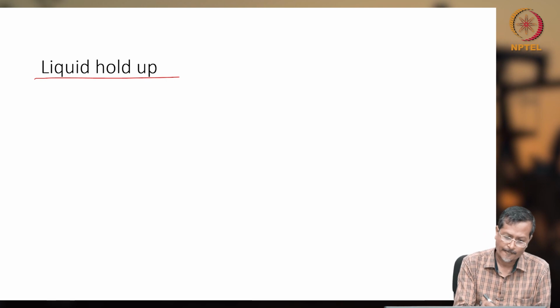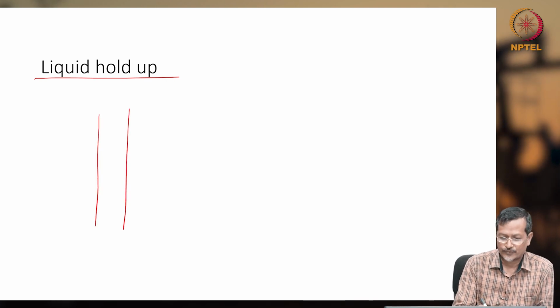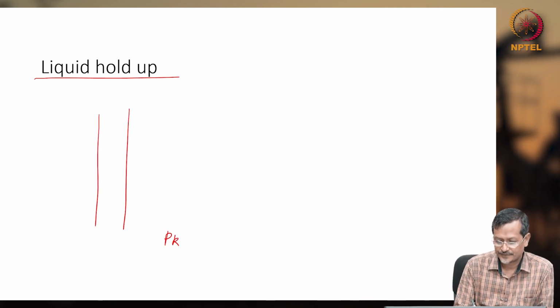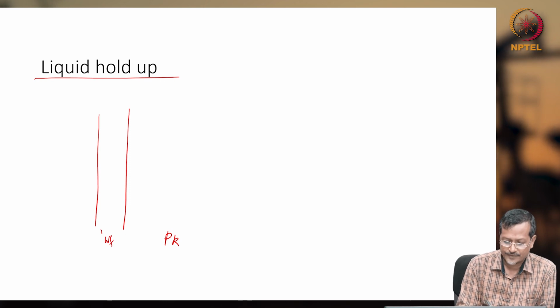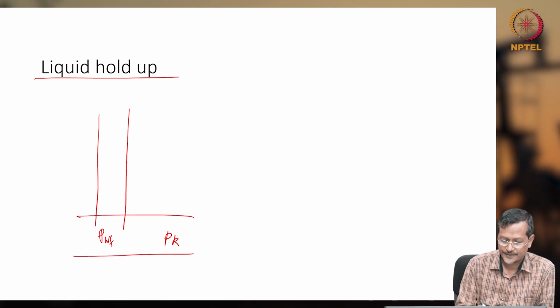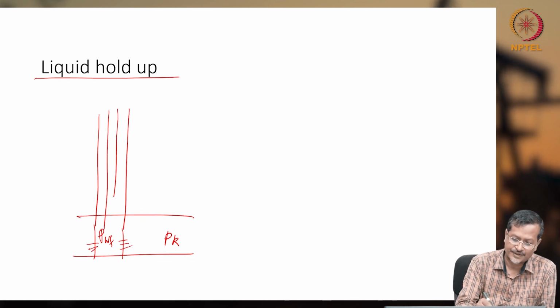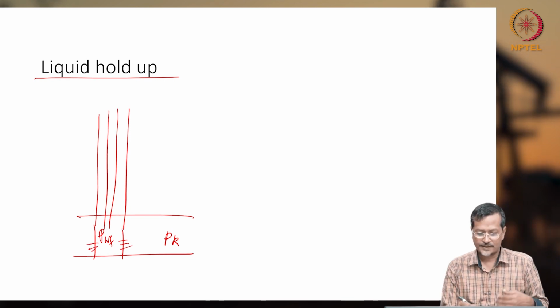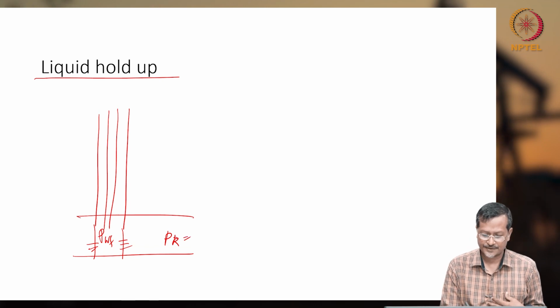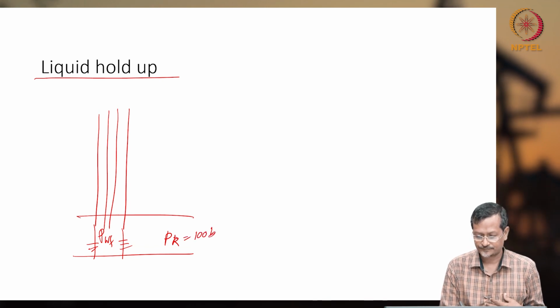What will happen? I have a wellbore, P reservoir, PWF, and I have perforations, and the tubing is here. Now, say reservoir pressure is 100 bar.